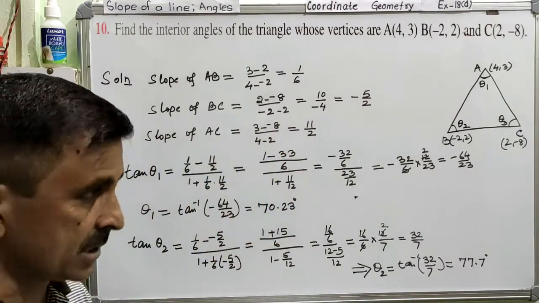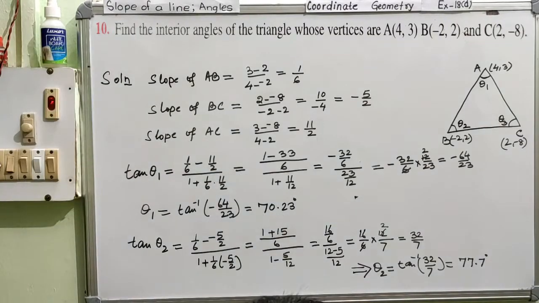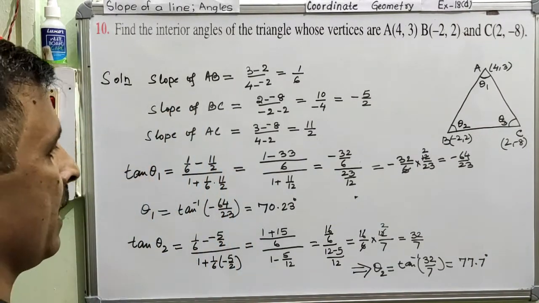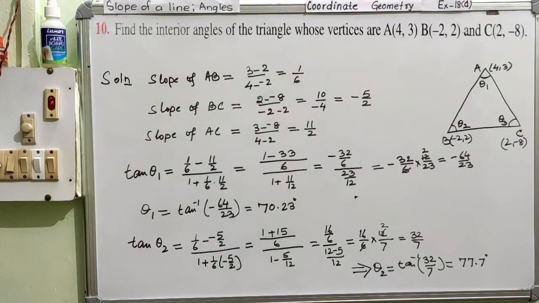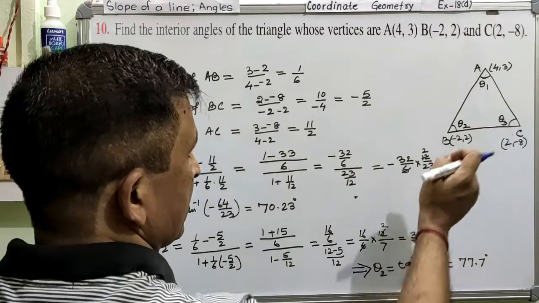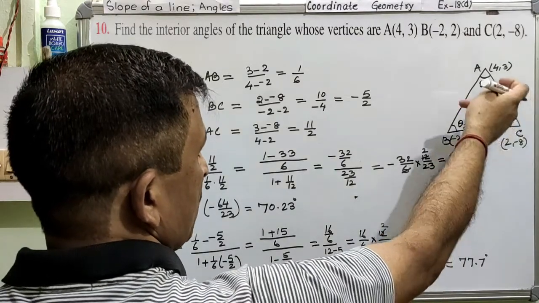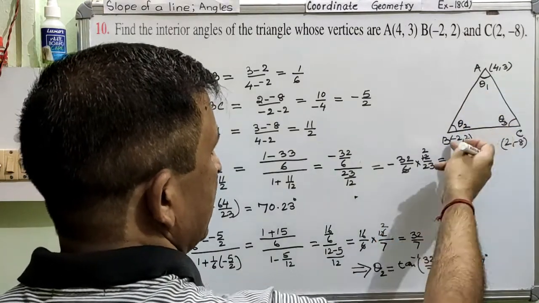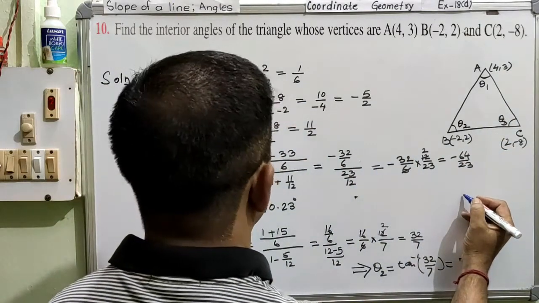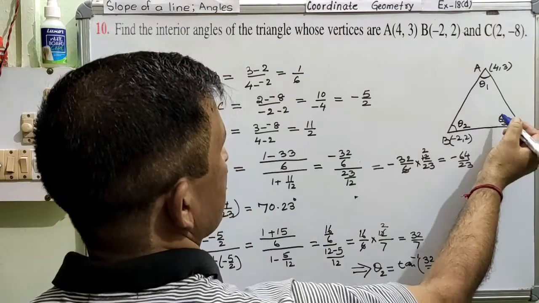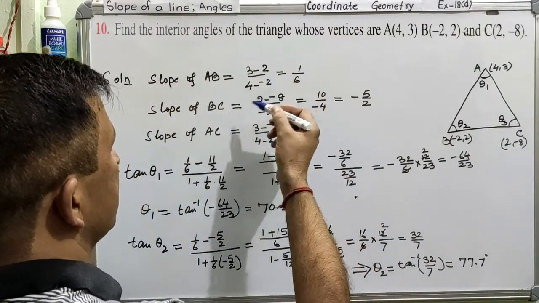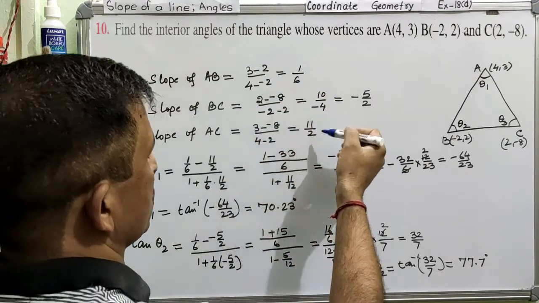Now the space is complete. So we will use the space. I will need the value. Now we will be calculating the angle theta 3. So for this we will need the slope of AC and BC. Clear? Since I am going to delete this one, so for this theta 3, AC and BC, that is these two.